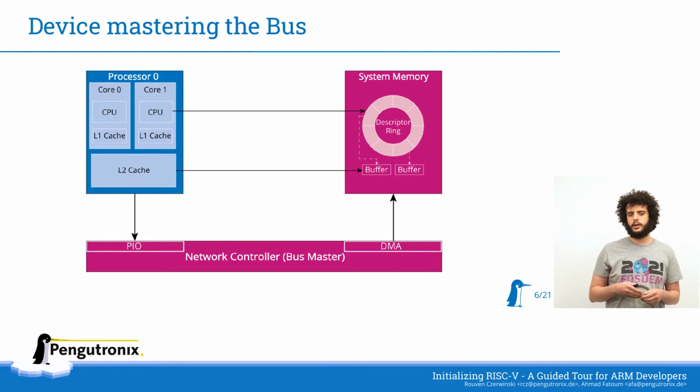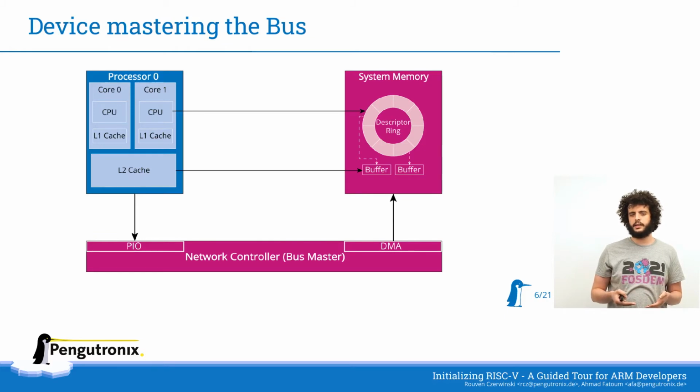Writing to the network controller happens like we do with a timer. We do a memory mapped I/O access and write that address. Now the network controller is informed about the existence of the descriptor ring. It will go through it, and then it will say, oh, there is a descriptor that says I can use it, and there is a buffer.